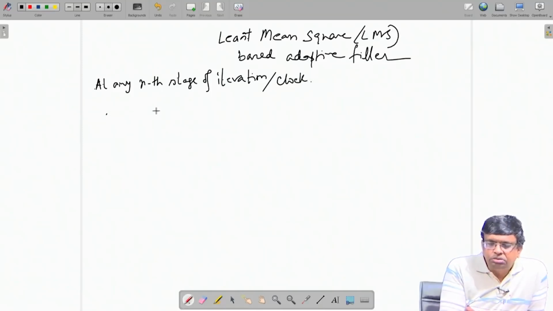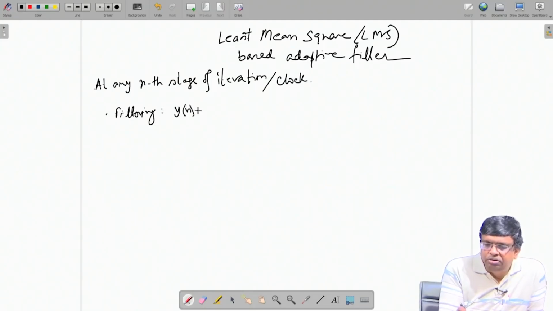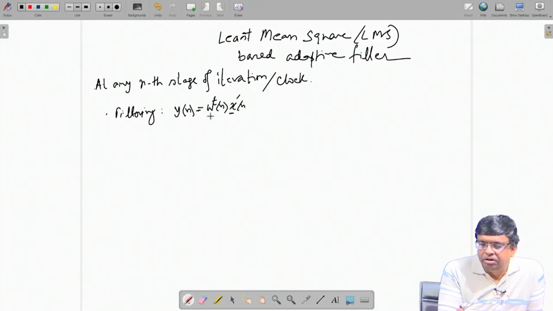One is filtering, that is, filter output yn is equal to Wn transpose xn vector.